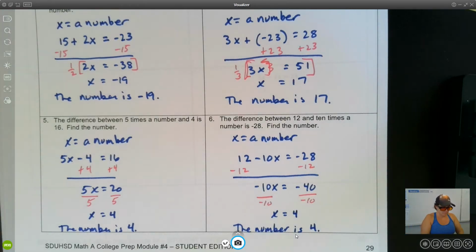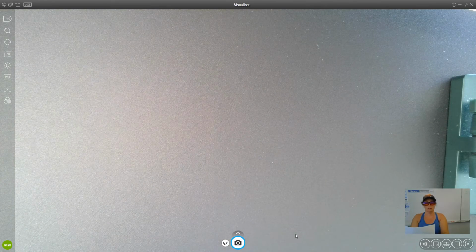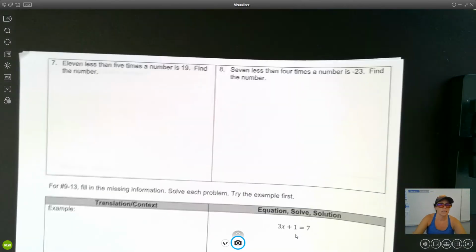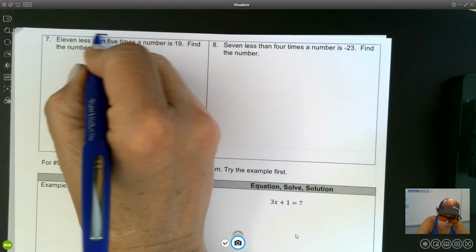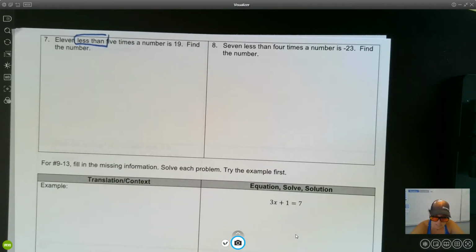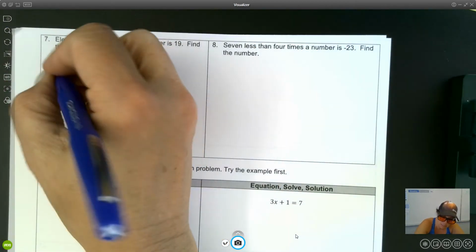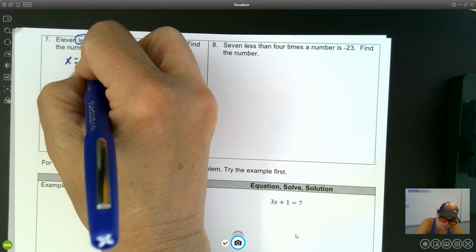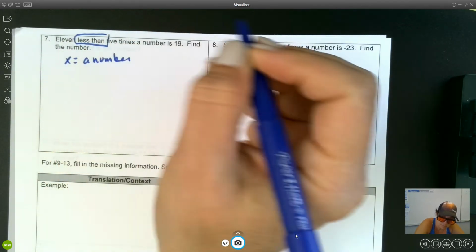Alrighty. Next question. 11 less than 5 times a number is 19. Find the number. x equals a number.